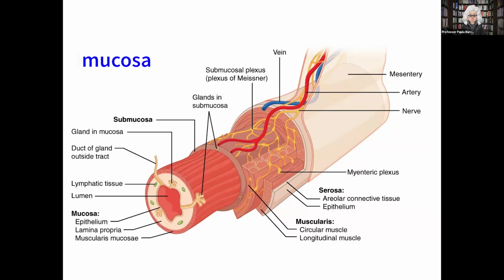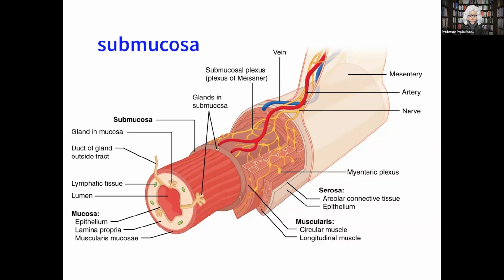Do not get this confused with the muscularis externa or muscularis. This thin band of smooth muscle is slightly contracted at all times to create folds, which will increase the surface area for digestion and absorption.